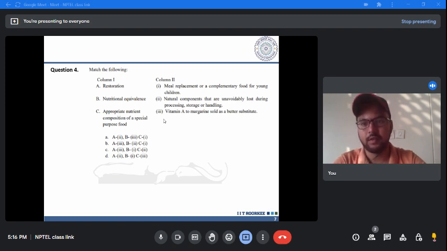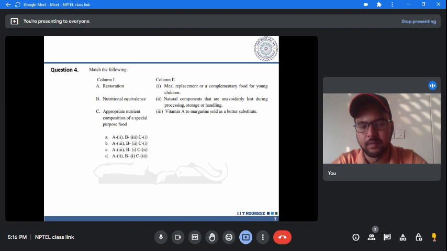Then the fourth question is: match the following, column A to column B. There are some terms in column A and they have explained them in column B, so you need to match the columns. As you can read on the screen, A is restoration, B is nutrient equivalence, and C is appropriate nutrition composition of a special purpose food.